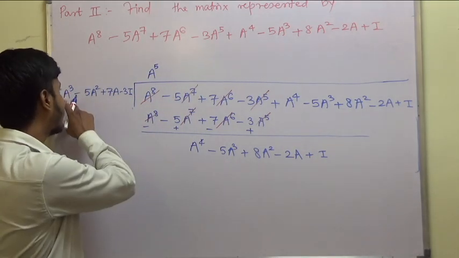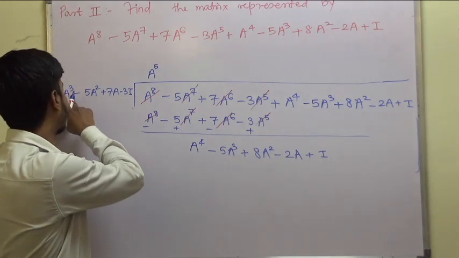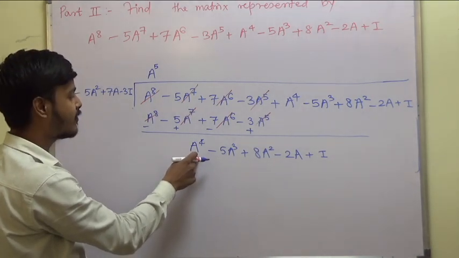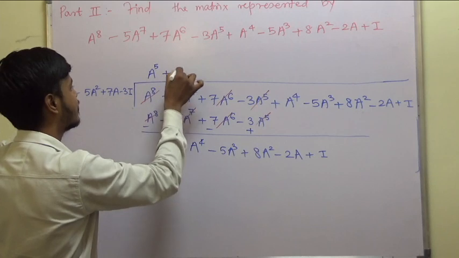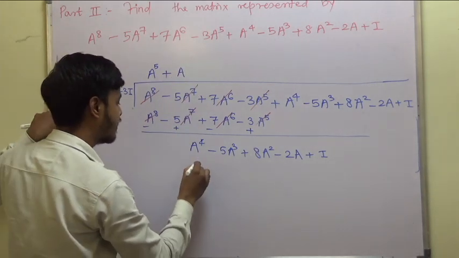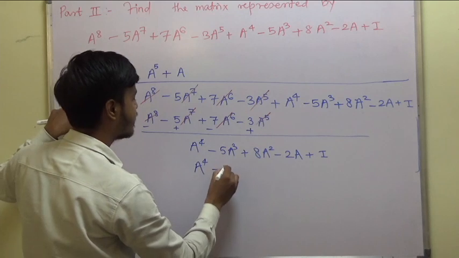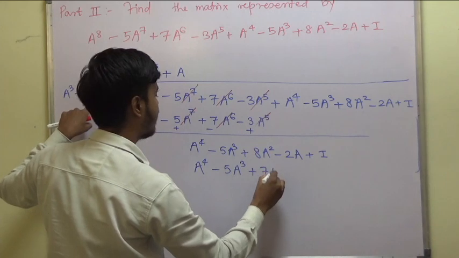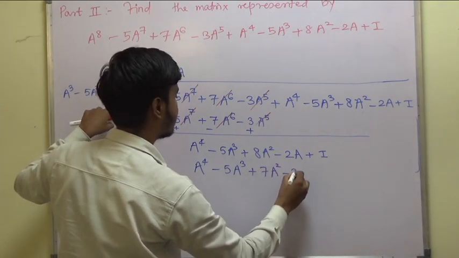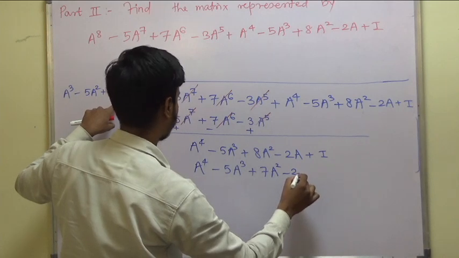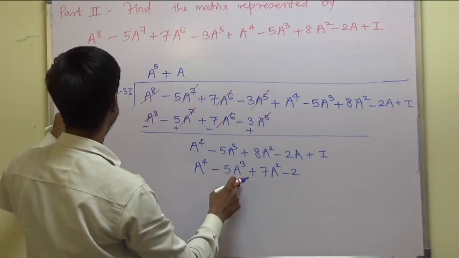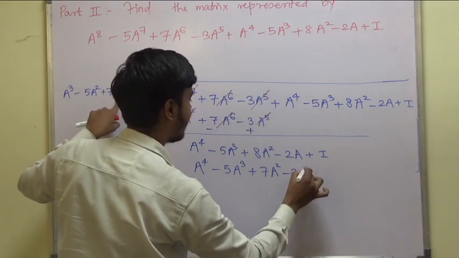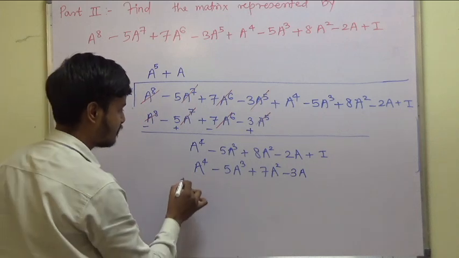Now we have a polynomial of degree 3 and we want a power 4. So a power 4 can be found by multiplying this by a. So let us multiply it by a. What will we get? a power 4 minus 5a cube plus 7a square minus 3a.